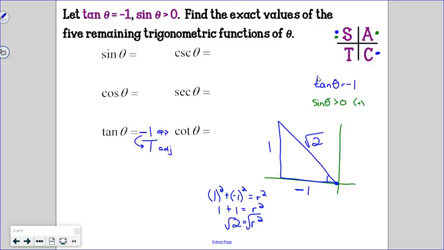Michael, when you've got sine, I'll take that. Nick Peterson, I'll take cosecant. Lily, cosine. Sailor, secant. When you guys are ready.